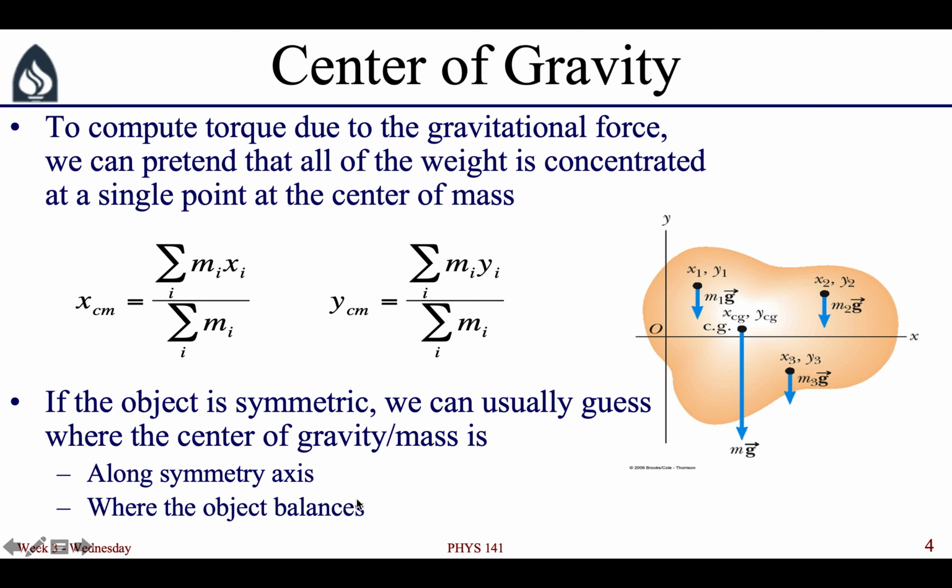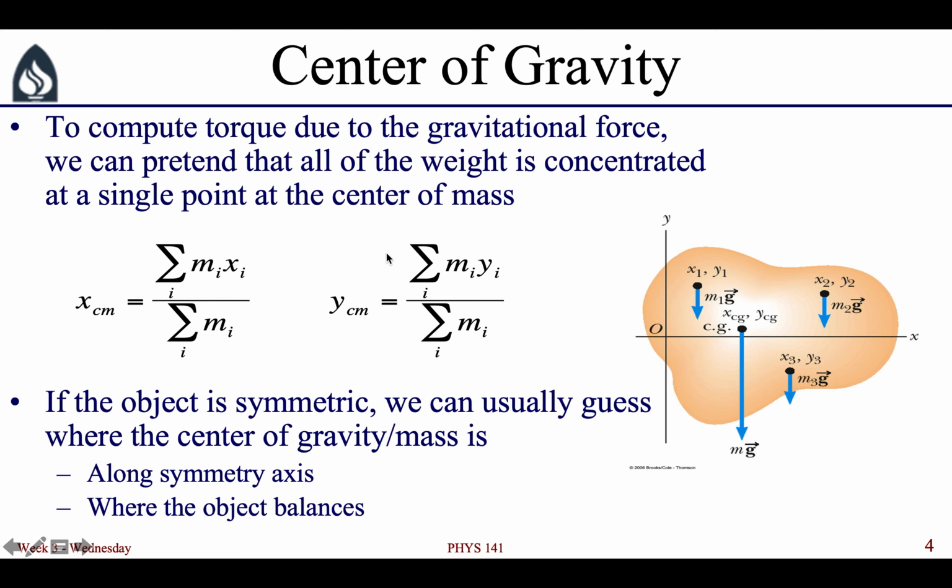Now, if the object is symmetric, we can usually guess where the center of mass is. We saw before how we can do that. It's where the object balances. It's in the middle of a symmetric object. If, on the other hand, your object is made up of many individual point masses, then you can calculate the x and y coordinates of the center of mass by summing each individual mass times its x coordinate and then dividing by the total mass.